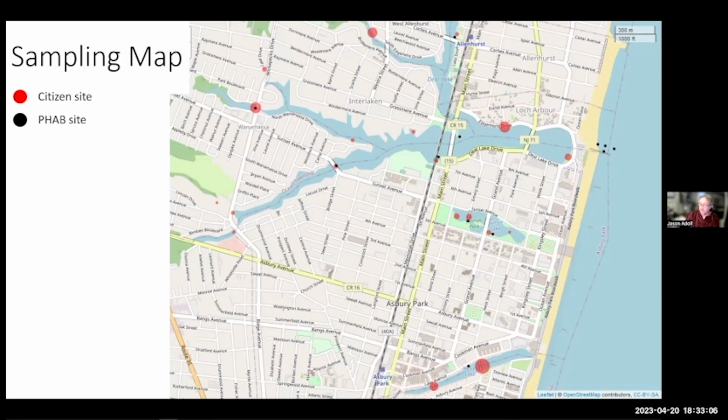So we've moved our sampling site from there for safety. And Sunset and Wesley are also shown here with the citizen circles. So you can see, especially in Deal Lake, the citizen sampling is important, because places that we don't sample get covered by citizen sampling, but there's also some crossover.